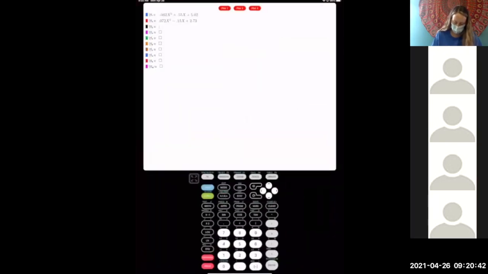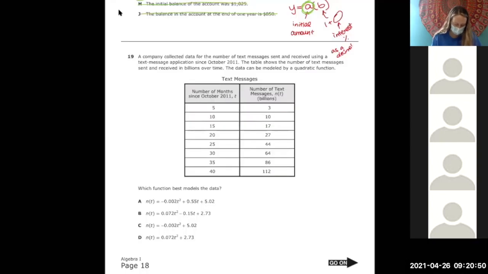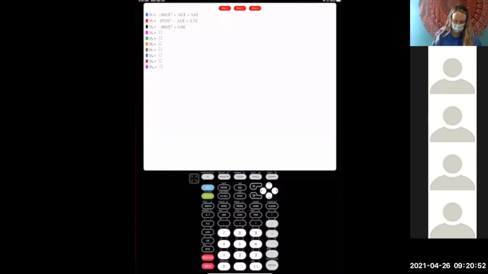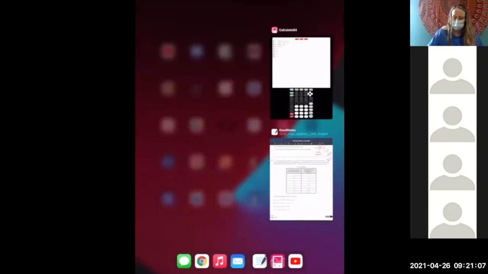Negative 0.002x squared plus 5.2. All right, last one. Squared plus 2.73.